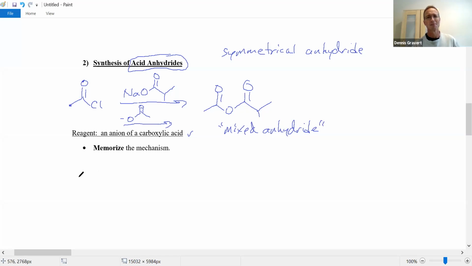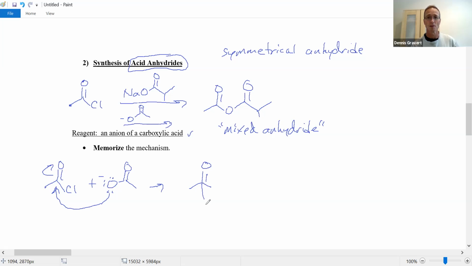Memorize the mechanism? Well, just apply the mechanism we just had with the hydrolysis of acid chlorides. Negative oxygen, or somebody with a lone pair, that's our nucleophile. Hey, go bump up the pi bond. Done. That's step one.